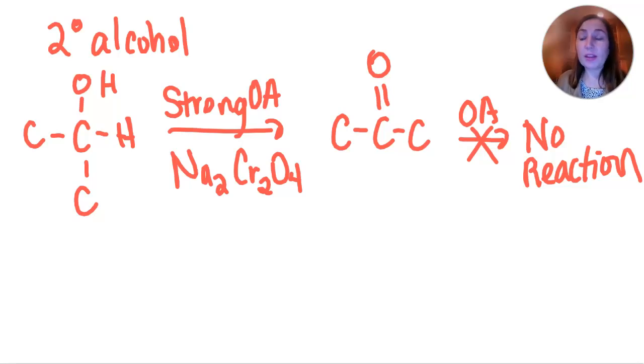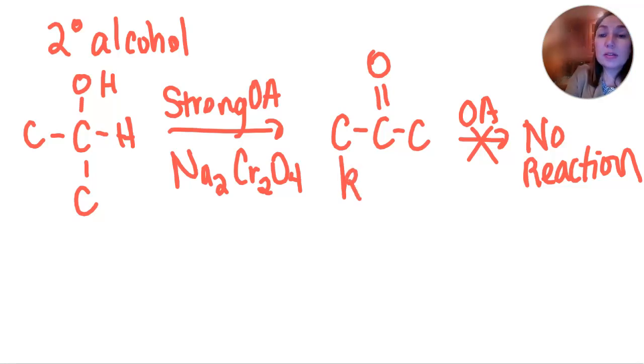So let's hold that thought, and we just might see changes to some of those reactions in terms of enzyme possibilities. But this is what we've seen so far for chemical organic redox using strong oxidizing agents: oxidizing primary alcohols all the way to carboxylic acids, and oxidizing secondary alcohols to ketones.